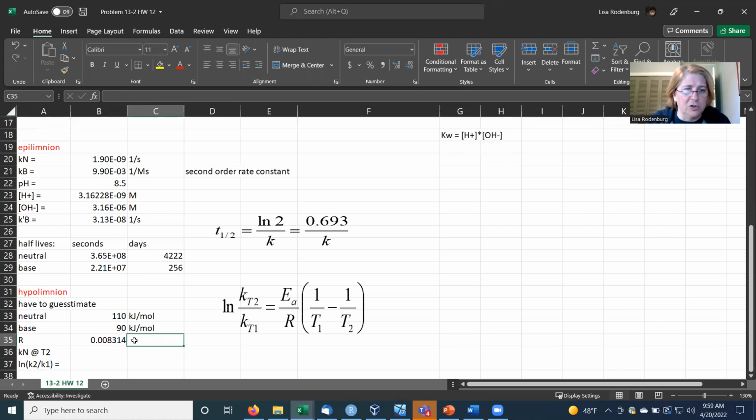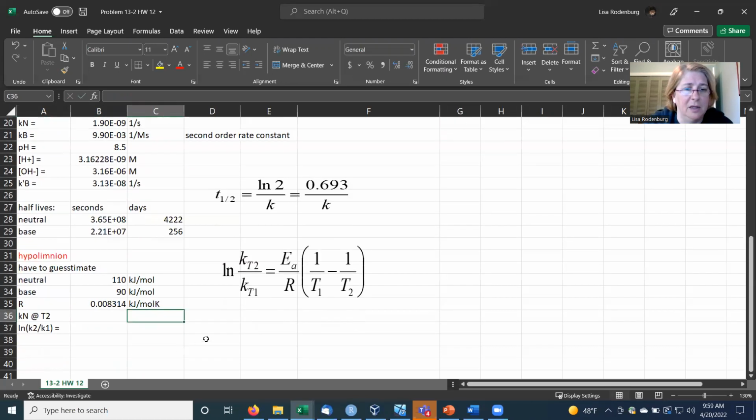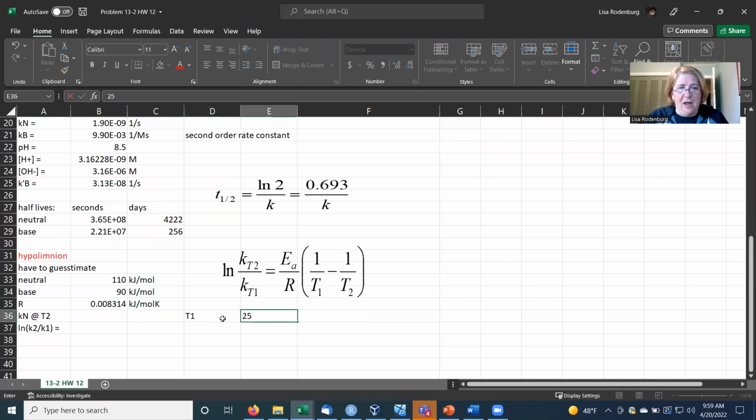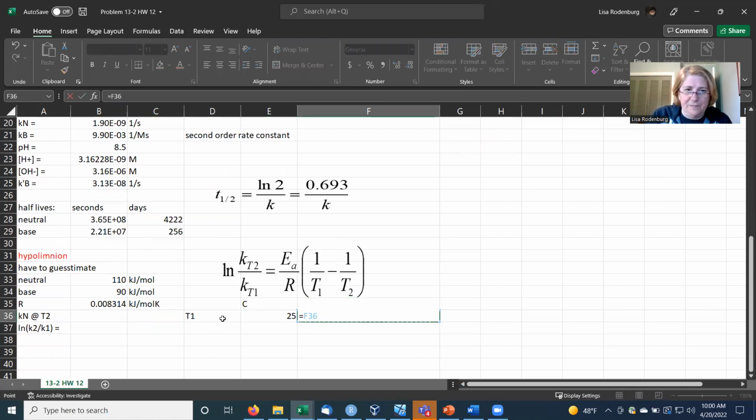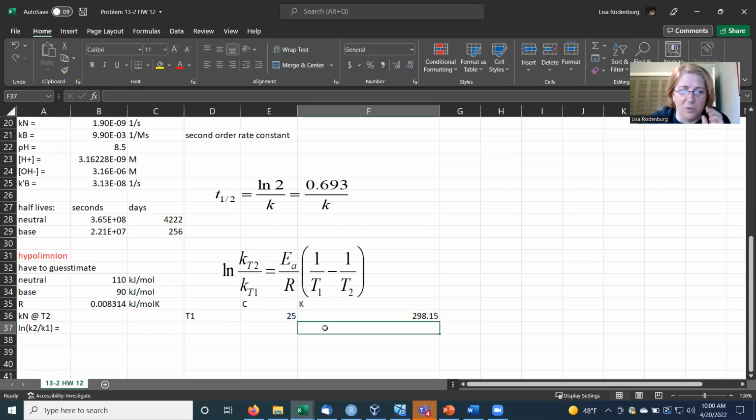Since this is in kilojoules per mole, I want my R to be in kilojoules per mole Kelvin. And of course, my T1 is 25 C. And so in Kelvin, that is plus 273.15. Always good to have lots of decimal places for that sort of thing.